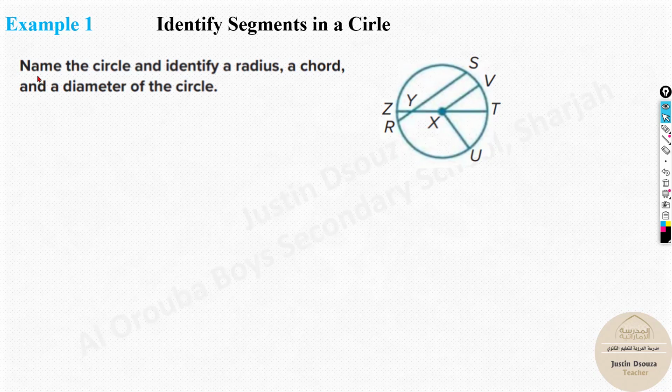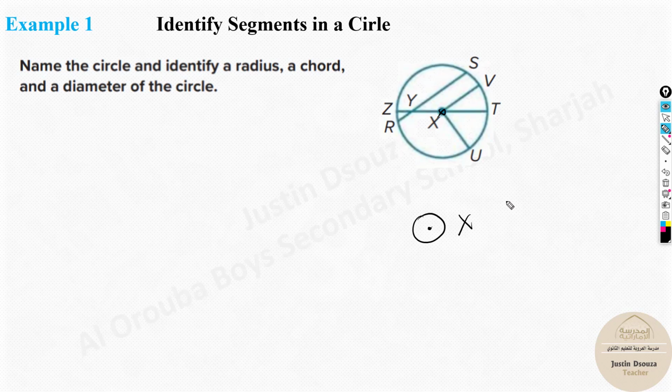The first problem over here is to name the circle and identify a radius, a chord, and a diameter of the circle. Let's identify all of them. First, let's see the center. What is the center of the circle? It is x. So how we denote the circle is basically a circle symbol like this, x.